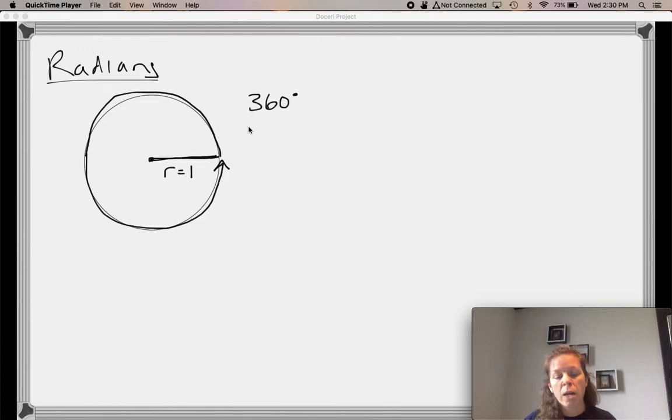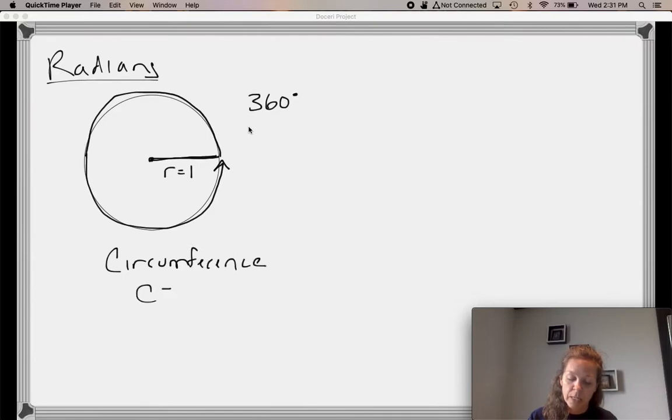Well, what's another way to measure going all the way around the outside of a circle? In geometry, we call that circumference. Circumference is equal to 2 times pi times r. That's our formula for circumference that maybe you remember from a geometry class.